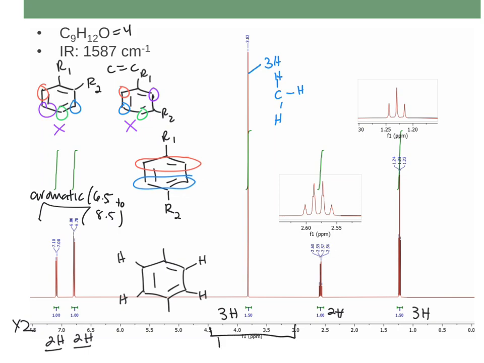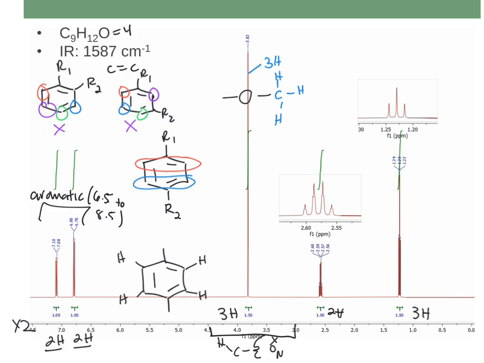That says that I should be on a carbon that is on an N or an O or an X. In this compound, I only have oxygens. So that must mean that this is attached to an oxygen. So that 3H singlet at 3.8 or so tells me that I have this chunk right up here. 3H, no neighbors, that's why it's a singlet, must be attached to an O.